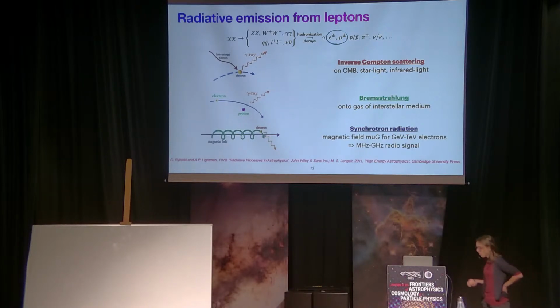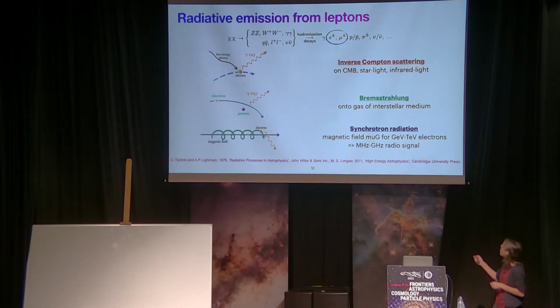Yesterday I described that whenever we have leptons in cosmic rays in general, you also have production of photons through the interaction of those leptons with low energy ambient photons from, for example, the interstellar radiation field, the CMB, the starlight, and the infrared light.